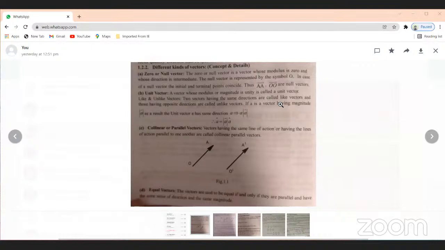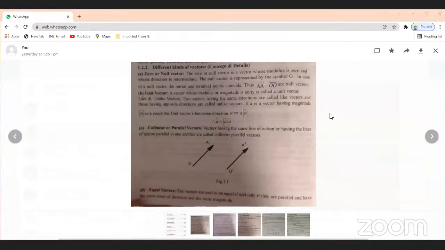Small heading, like and unlike vectors. Like and unlike vectors, you can write it.